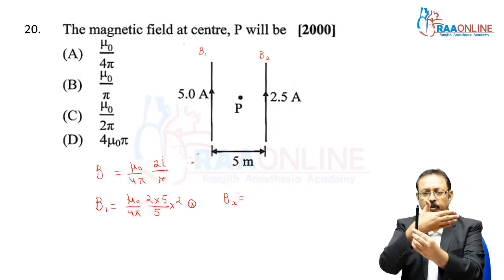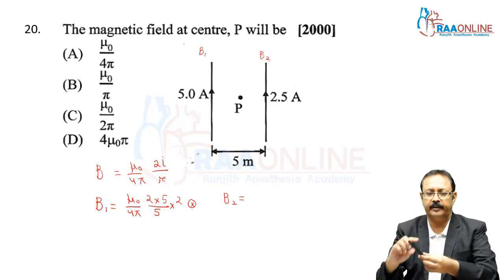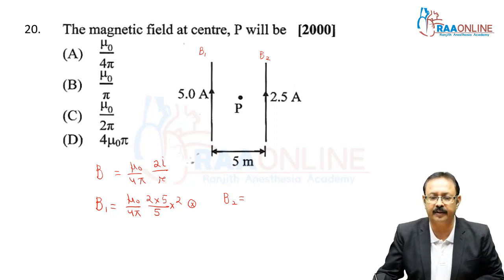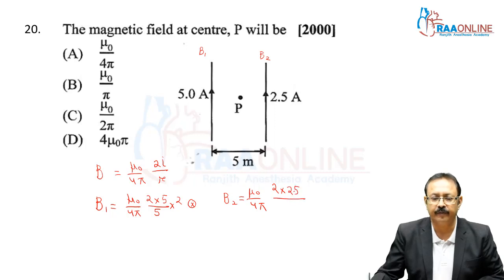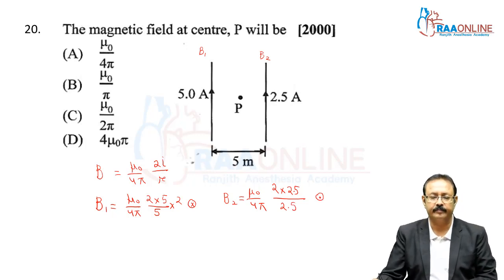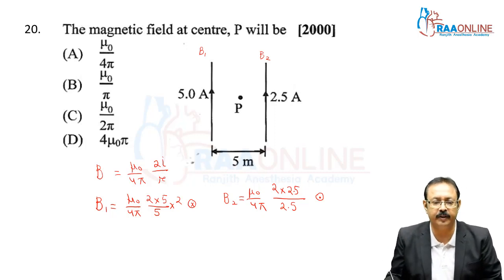It is outside the page, outward direction, just opposite direction. So it is mu naught upon 4 pi, 2. I is 2.5. R again 5 by 2 means 2.5. It is outward. So both are in opposite direction.